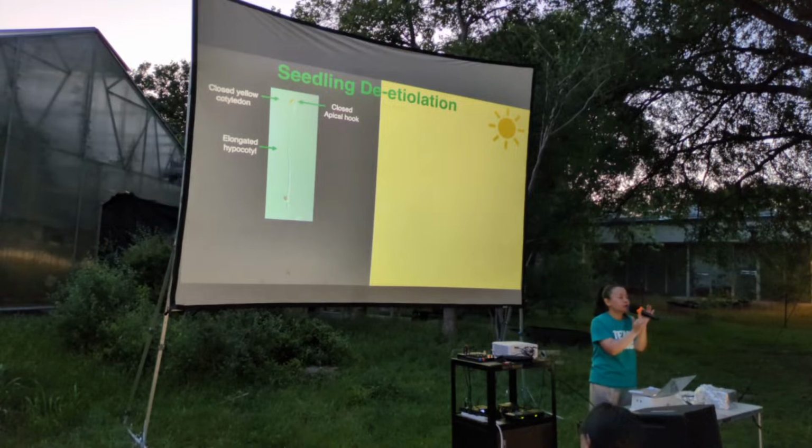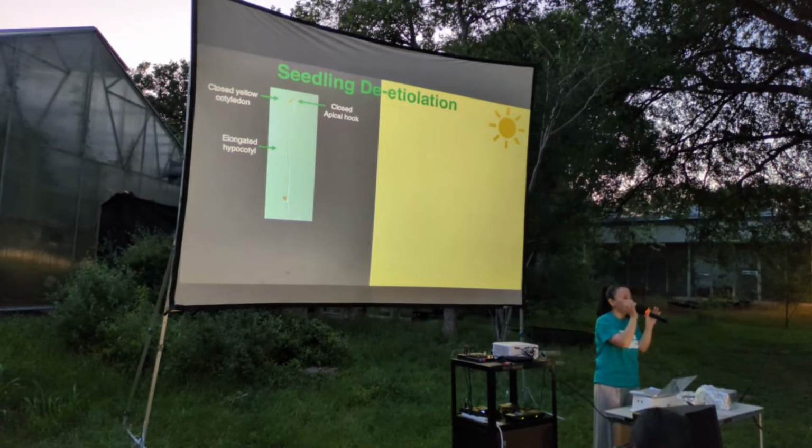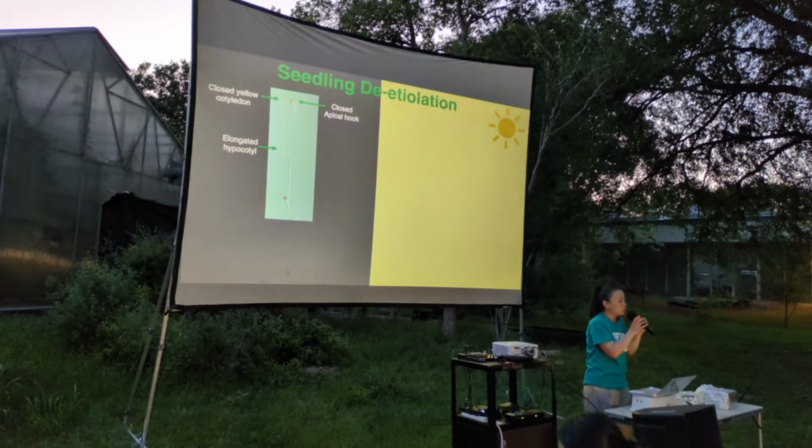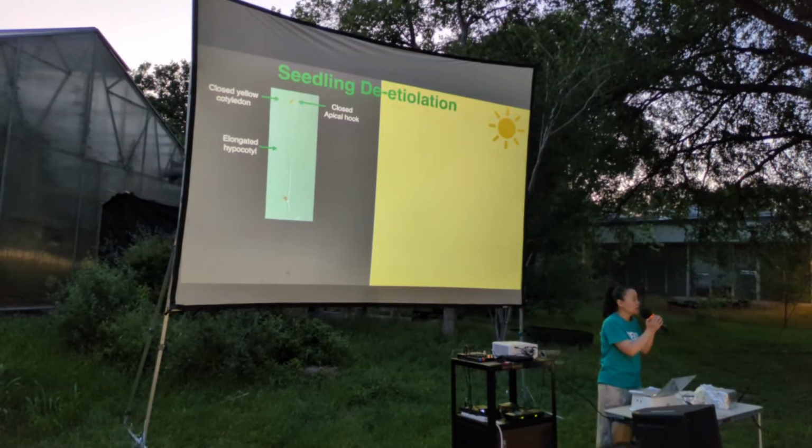This area is a self-renewal area, and after the seedlings grow out of the soil, all the above-ground tissues will grow up from here. So the closed apical hook and the closed cotyledons will protect this area from damage when they grow upward.